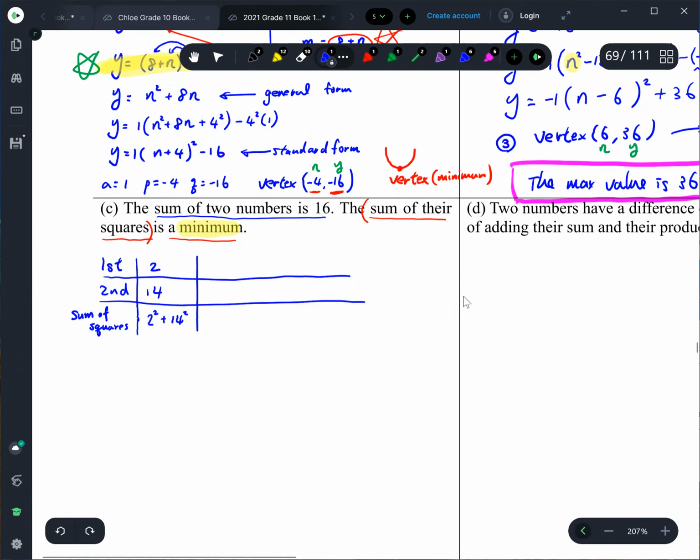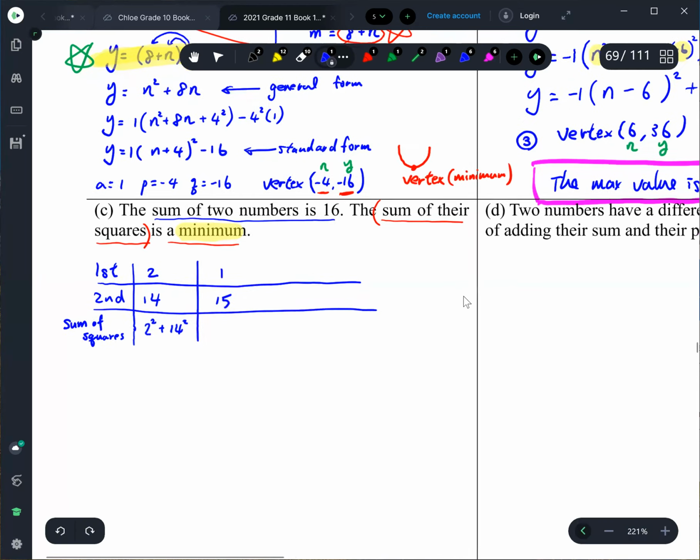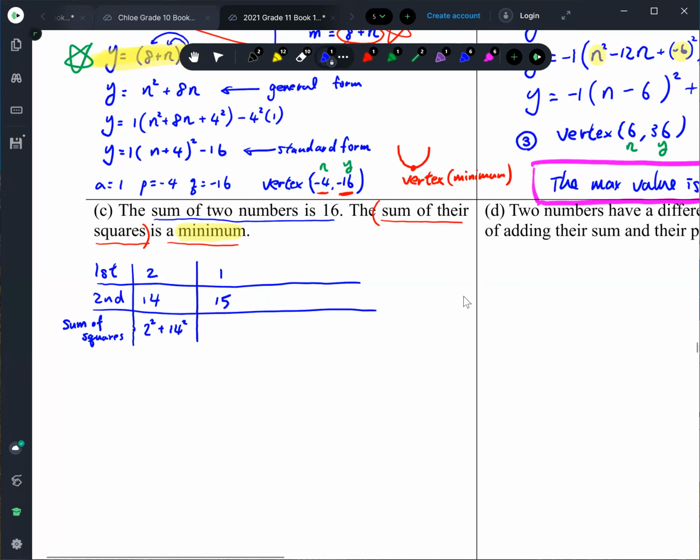Okay, so let's get another pair of numbers. Jenny, can you give me another number? 1 and 15. Sure. Okay, so 1 and 15. So how do we write out the sum of the square? Tony? How do we write out the sum of squares for these two numbers?